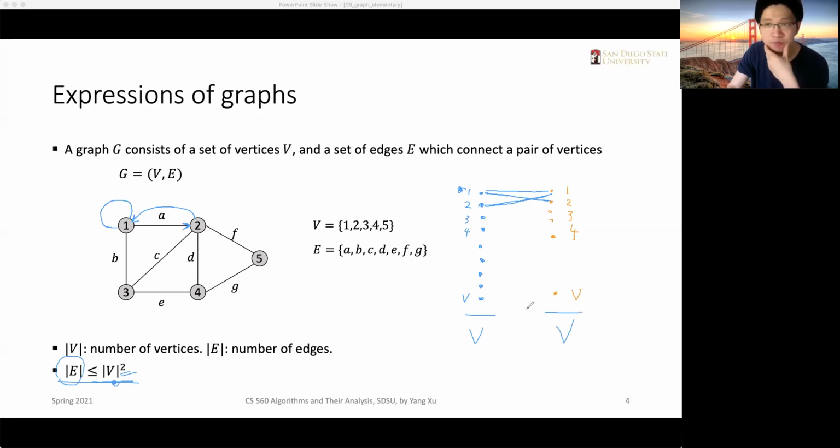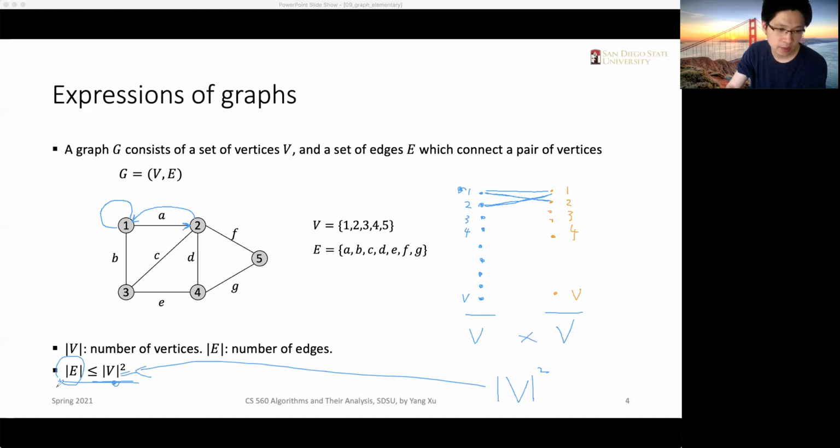So the total number of possible edges with V vertices in the graph is V times V, right? So that is V raised to the power of 2. That is where this quantity is from.